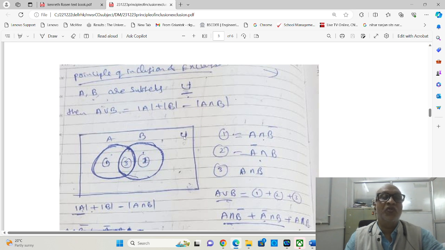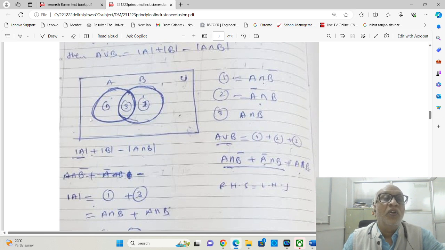This U is my universal set, and there are two sets here, set A and set B, and this is the union of these two sets A and B. For that, the number of elements I will be deriving will be number of elements in A plus number of elements in B minus A intersection B.